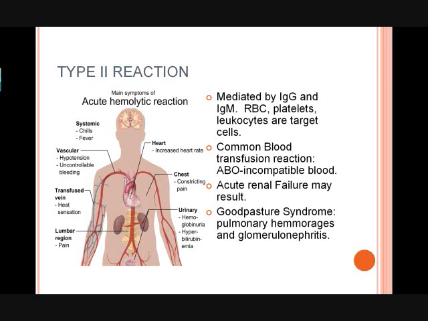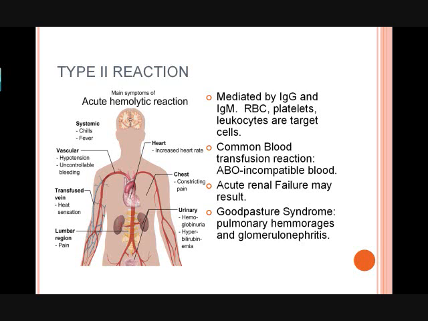Type 2 reaction, acute hemolytic reaction. Main symptoms include chills and fever, tachycardia, chest pain, low blood pressure, heat sensation in the vein it's infusing, pain in the lower back, in the lumbar region, hemoglobin released into the urine, and high bilirubin levels.